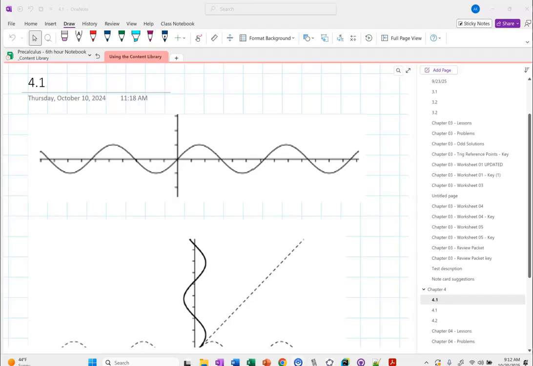Okay. So today we're gonna talk about the inverse trig functions. So we've been talking about sine, cosine, tangent, secant, cosecant, cotangent for a while.